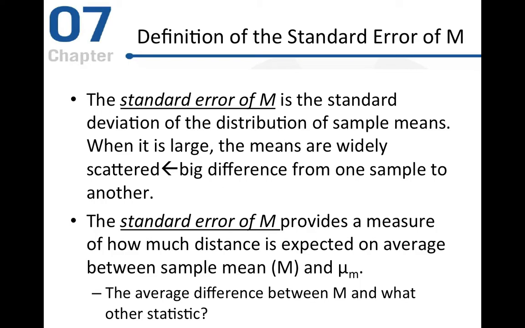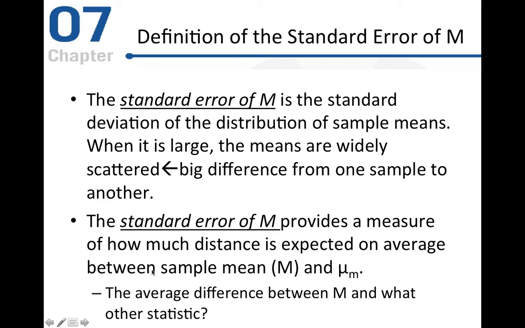The other statistic would be the population mean. Why? Because the expected value of the mean of a sample distribution, this right here, is equal to the population mean.